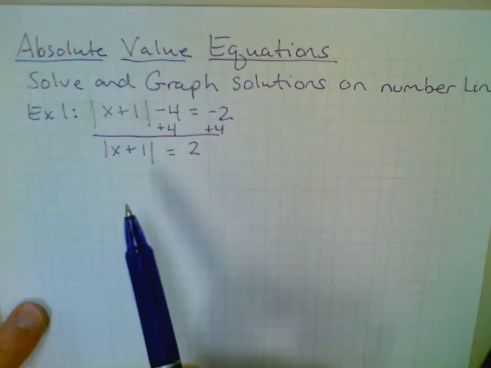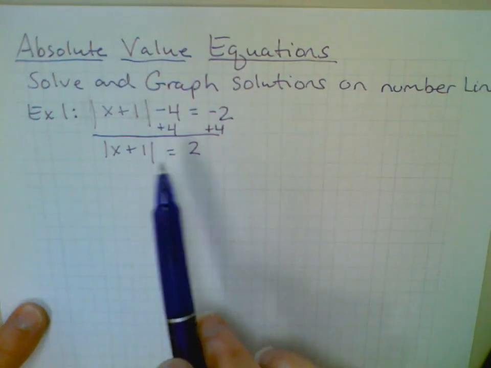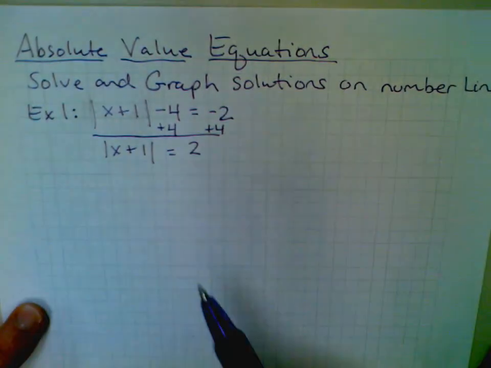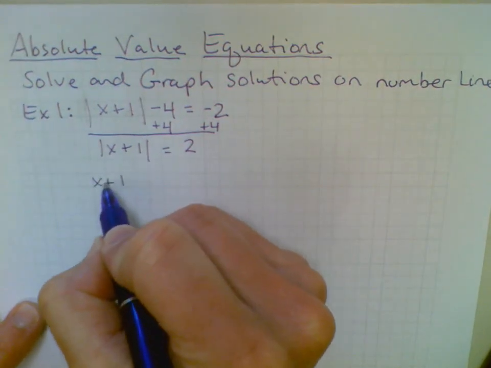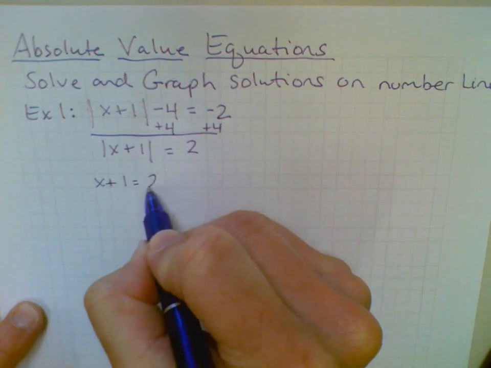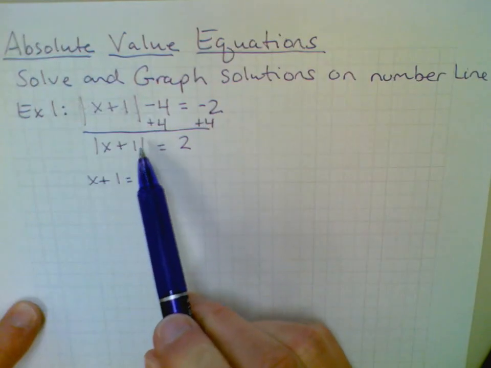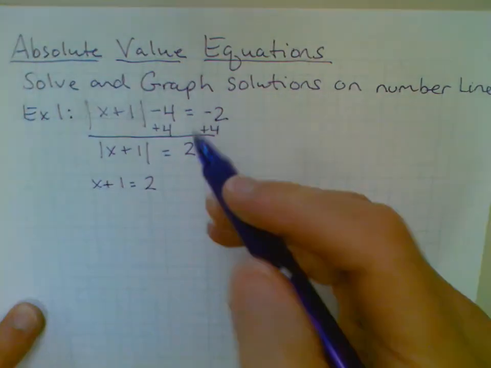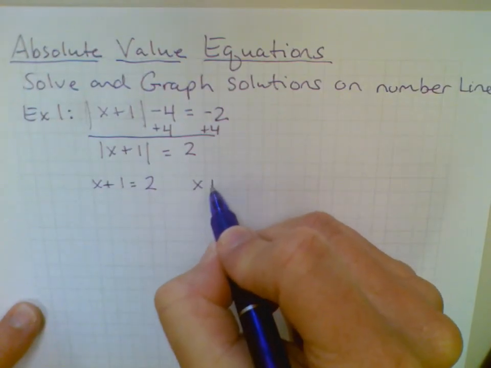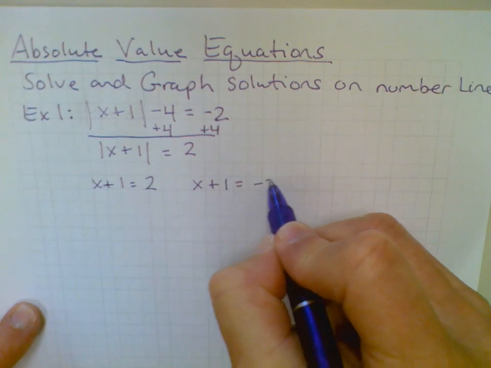So now once you have the absolute value part isolated, you're going to set up two equations. I'm going to take x plus 1, and I'm going to set it equal to a positive 2, because I know the absolute value of positive 2 is going to be 2. And then I'm going to take x plus 1 and set it equal to a negative 2.